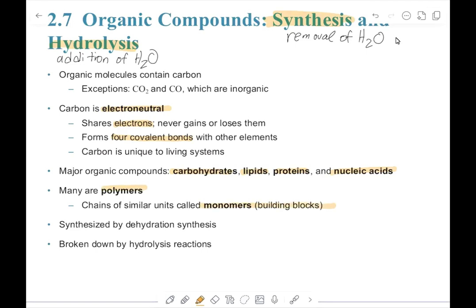So they're synthesized by dehydration synthesis. And you should know, again, that this is the removal of water. And hydrolysis, the suffix lysis really means to cut, and it's cutting a bond. So that water is going to be used to cut that bond.